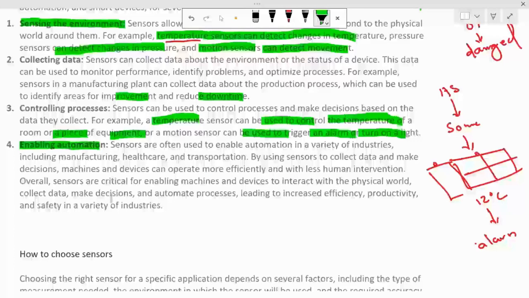Overall, sensors are critical for enabling machines and devices to interact with the physical world, collect data, make decisions, and automate processes, leading to increased efficiency, productivity and safety in a variety of industries.